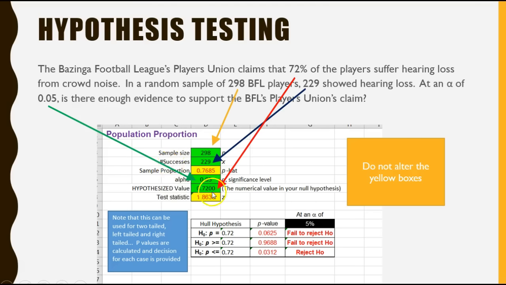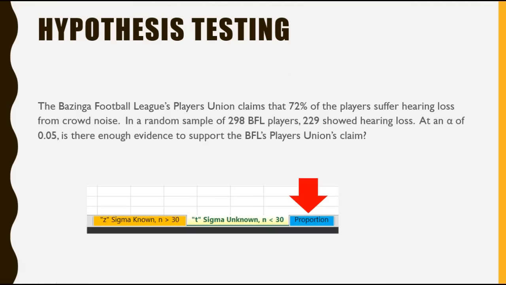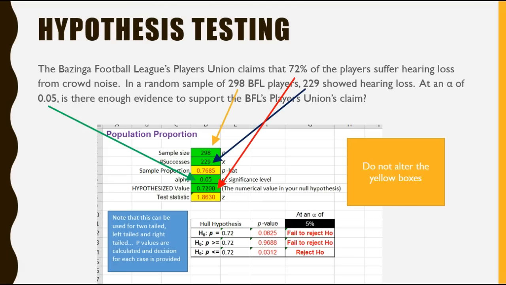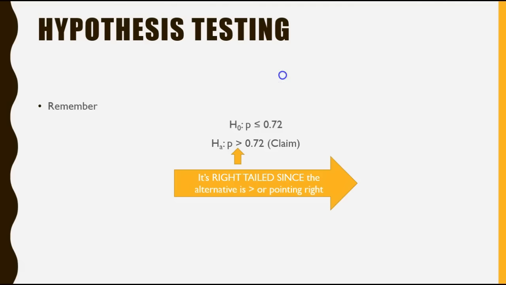The hypothesized value: they claim that 72%. It's more than 72 that they're claiming. So remember what we have here.